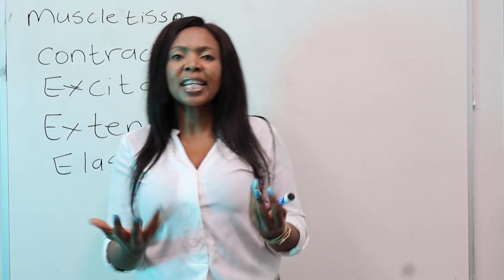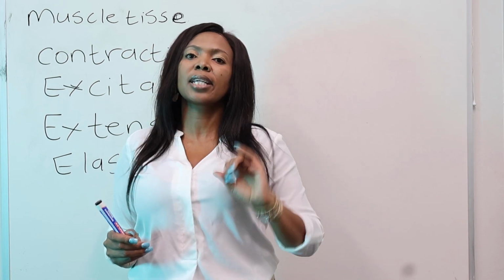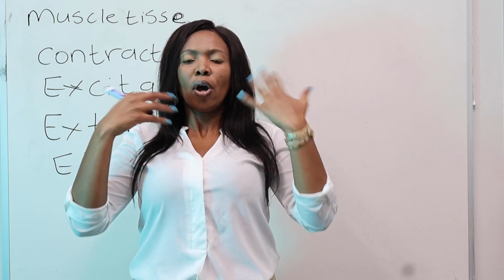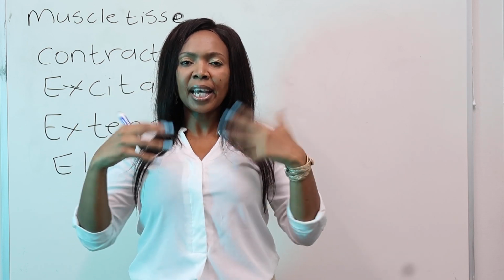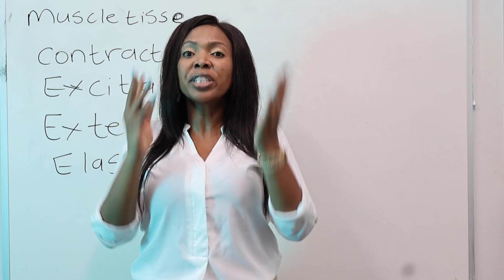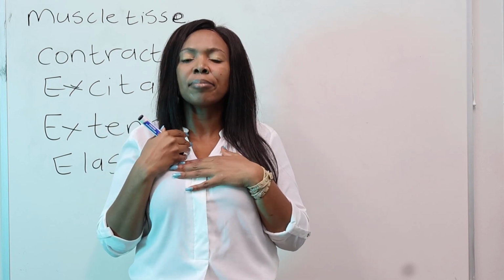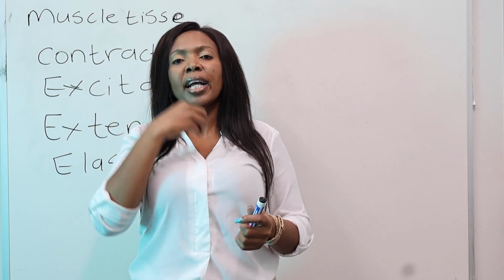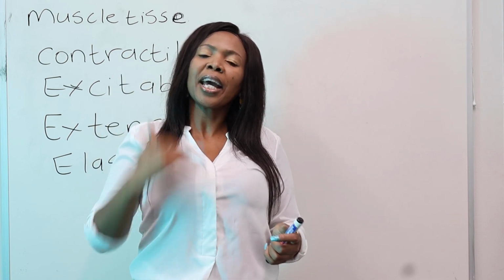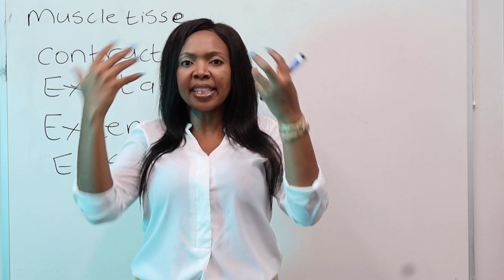Now, I've already said there are three types of muscles. Skeletal is found externally, like controls the movement, the voluntary movement, the movement that I decide. And then we have the cardiac and the smooth muscles, which are involuntary because we do not make a decision.